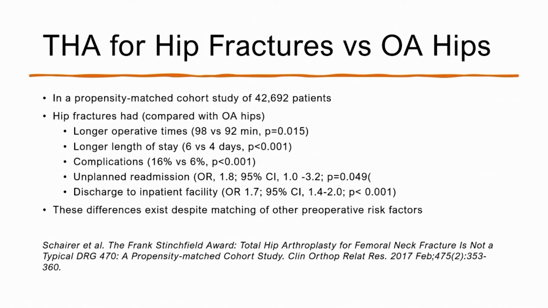Importantly, these differences exist despite matching of other preoperative risk factors. Another important finding was that the risk of complications of surgery for hip fractures was twice that of arthritis of the hips.